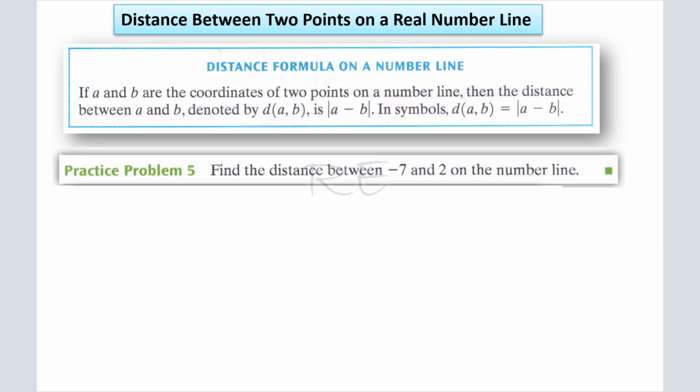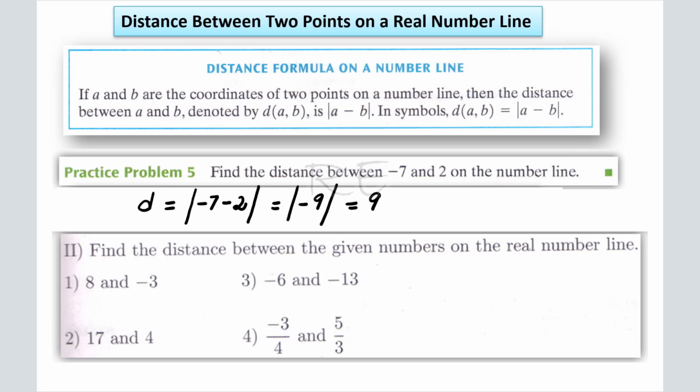Now we need to find the distance between -7 and 2. That distance will be equal to the absolute value of -7 minus 2, which is the absolute value of -9, which is +9.